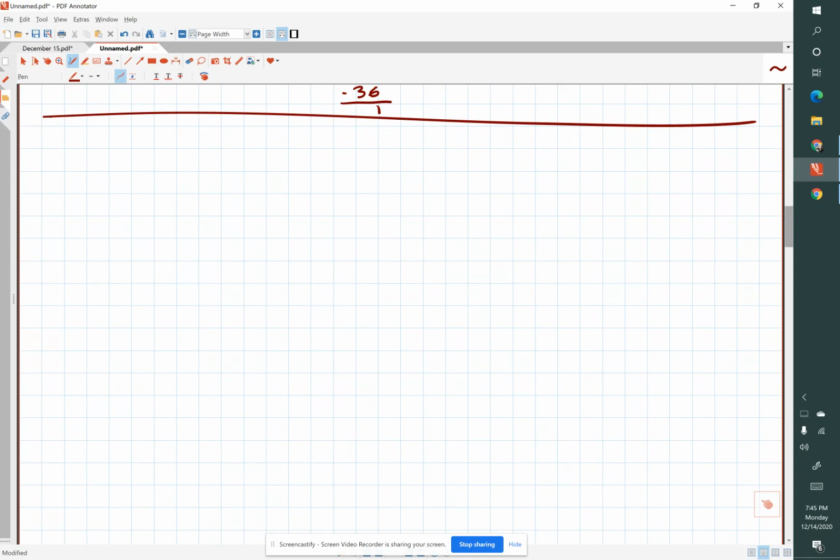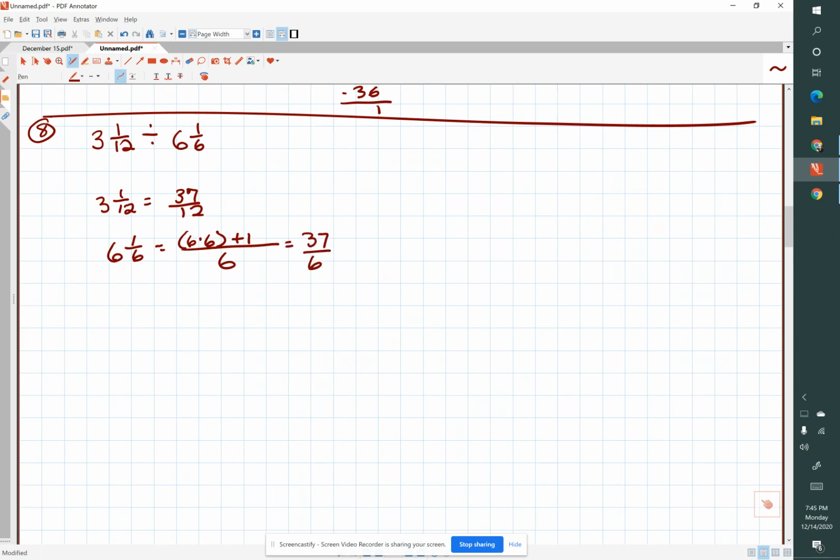Number 8, 3 1/12 divided by 6 1/6. So 3 1/12 equals 37/12. 6 1/6 equals 6 times 6 plus 1, which is 37/6.